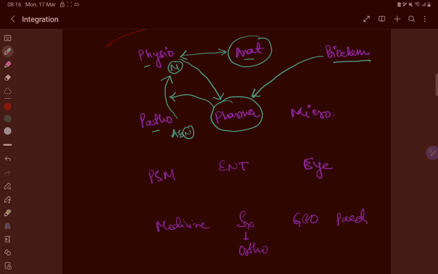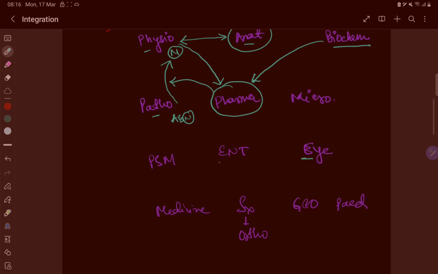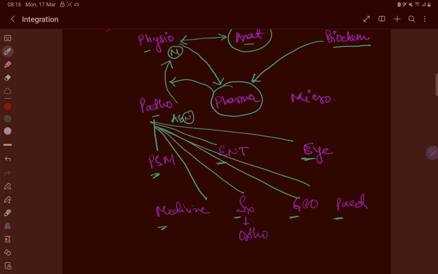Now this pathology disease thing will be there in eye also, in ENT also, in all parts of surgery, in gynae part also, in pediatric population, in medicine, in community as such. Okay, so pathology again is connected to everything, all the diseases, right?